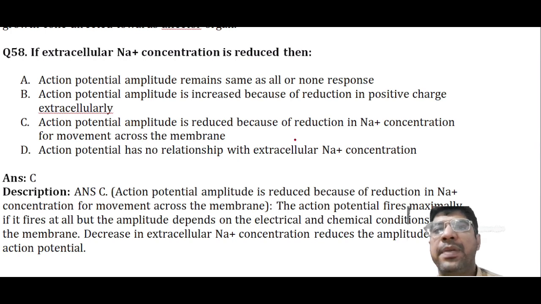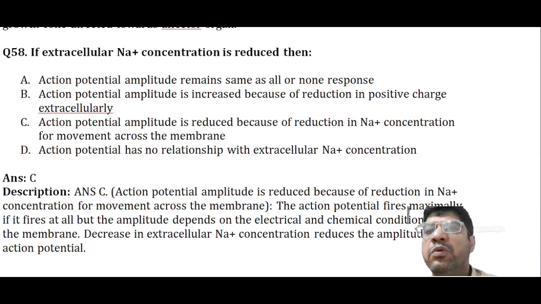The amplitude of the action potential depends upon the balance of positively charged ions like sodium inside and outside the nerve. When an action potential is generated, the sodium ions rush into the cell, causing the cell membrane potential to become more positive. That is what makes the action potential happen.